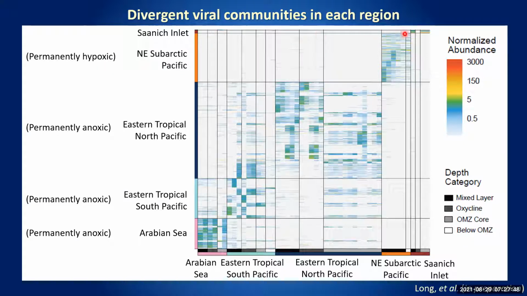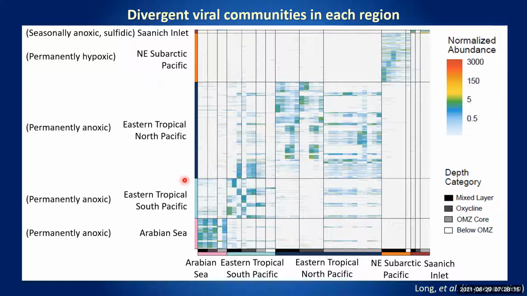Finally, we have Saanich Inlet up here, clearly having very divergent viral populations, high endemism, and that is a coastal seasonally anoxic inlet. It mixes every single year, but when it doesn't mix, it becomes sulfidic down in the anoxic region. So that means you get a buildup of sulfide as well.